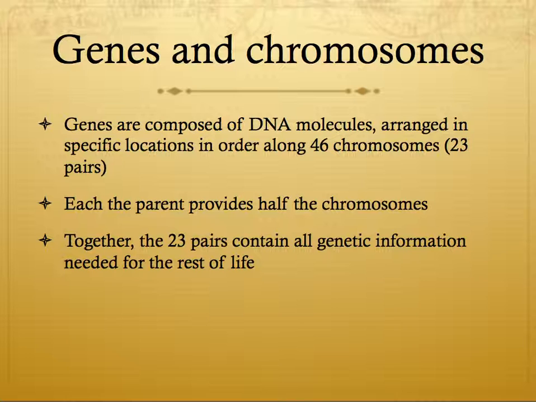We will talk about some of them when we get to gender later in the semester, but also trisomy 21 or Down syndrome is where there are 3 copies of the 21st chromosome, so people with Down syndrome actually have 47 chromosomes. And this is all the information you need to get life going. Of course, you need nutrients, you need a fertile womb, things like that, but it provides at least the building blocks, or maybe rather the blueprint for what is going to happen going forward.